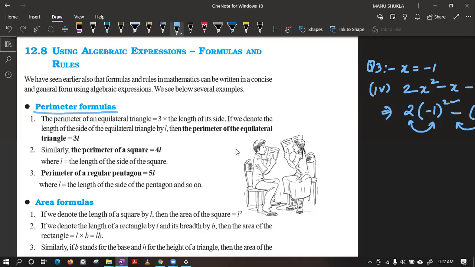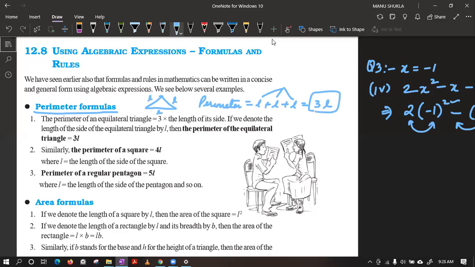So, in a triangle which is equilateral, we all know all sides are equal. Class, we can say in an equilateral triangle, all sides are equal. So, if one side length is L, the second is also L, the third is also L. So, the perimeter is given by L plus L plus L, that is the length of all the sides, and we have understood that L plus L plus L is the same as 3L.